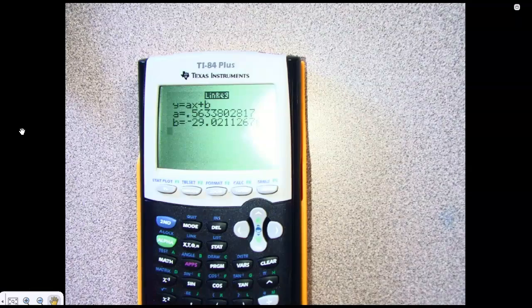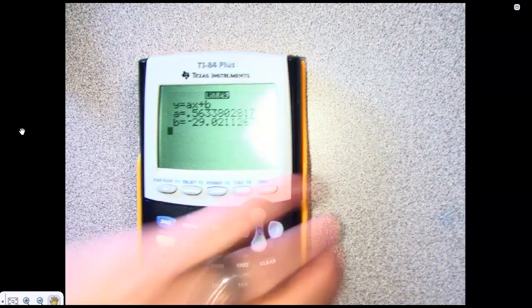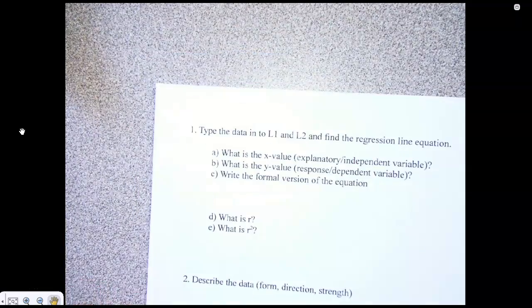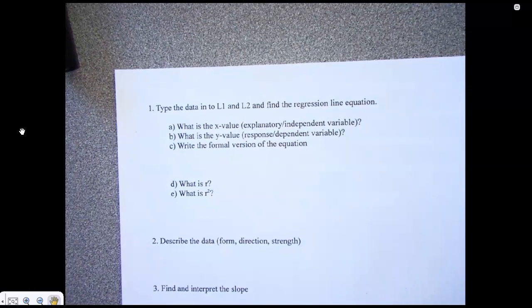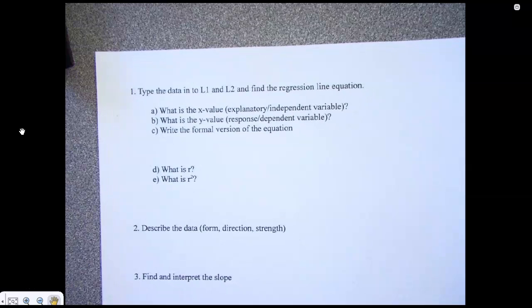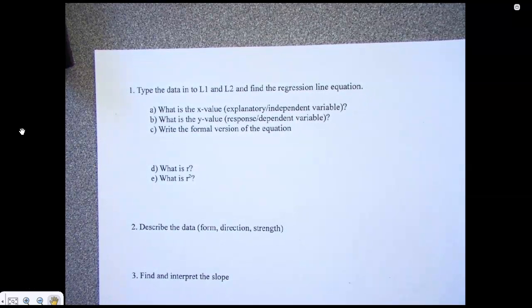All right. So let's go to our sheet here. Write a couple things down. We're gonna plow through this sheet. What is the x variable in this situation? We got this big graph that we made on Friday. I gave you a copy of it. What does the x variable mean?